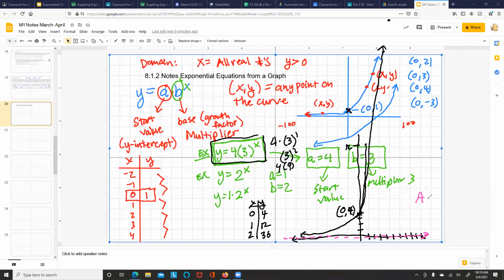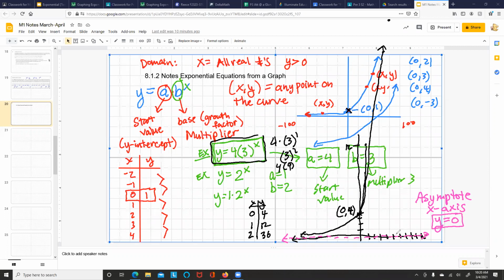The asymptote, A-S-Y-M-P-T-O-T-E, is the x-axis, which has an equation of what? Who remembers last time? What is the equation of the x-axis? Y is equal to 0. Yeah, the equation of the x-axis is y equals 0.